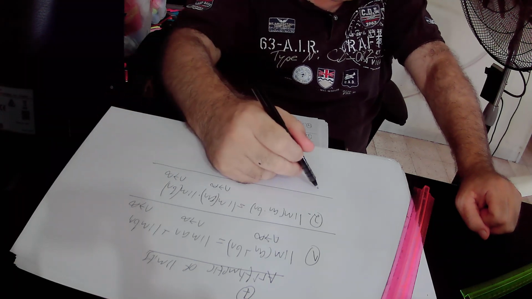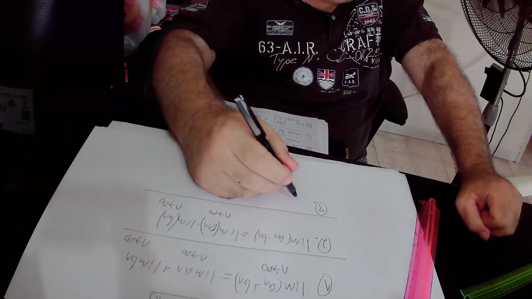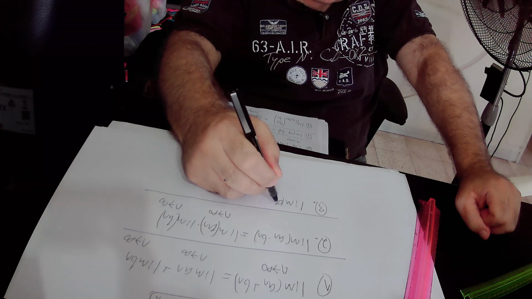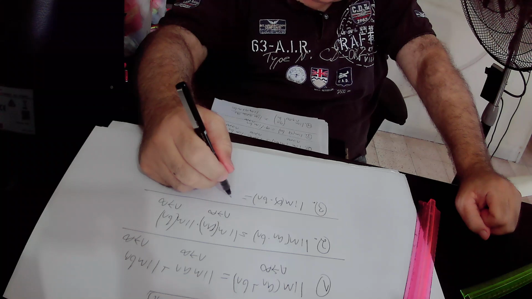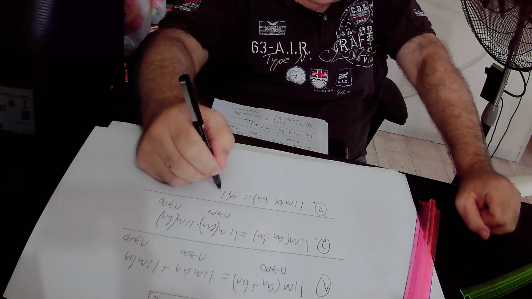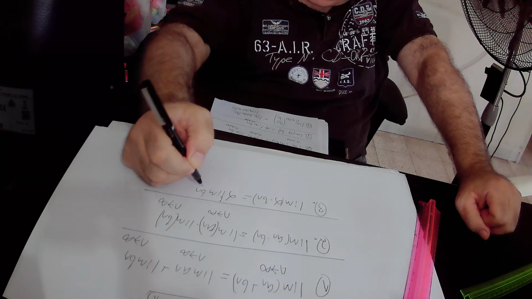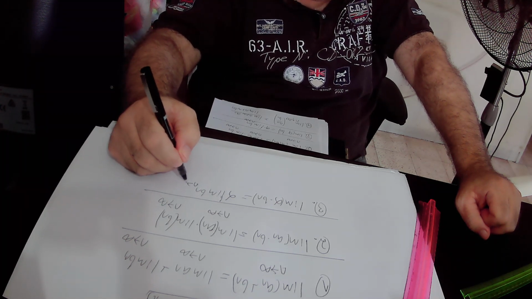And the third rule is that the limit of alpha times bn equals alpha times the limit of bn when n tends to infinity.